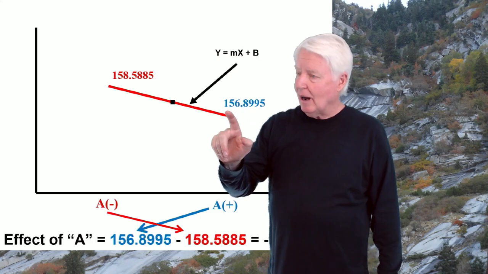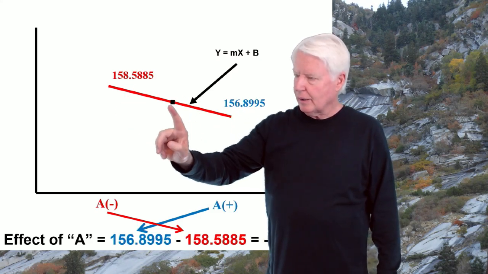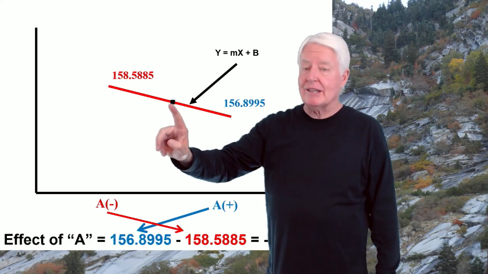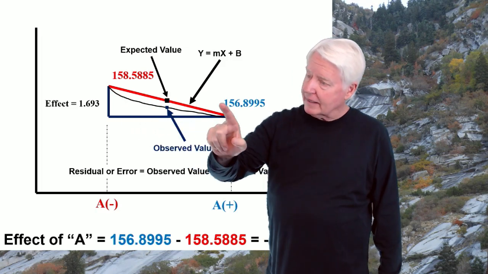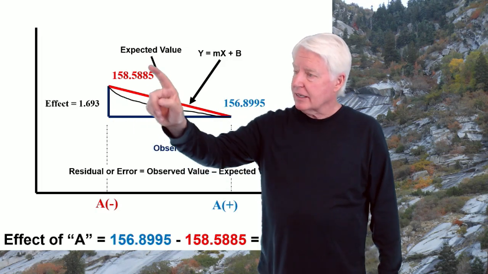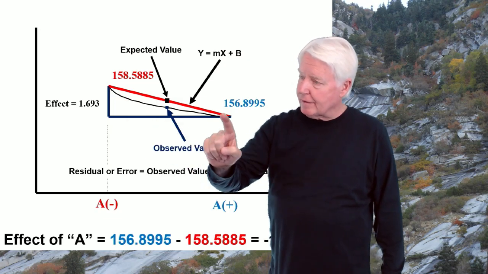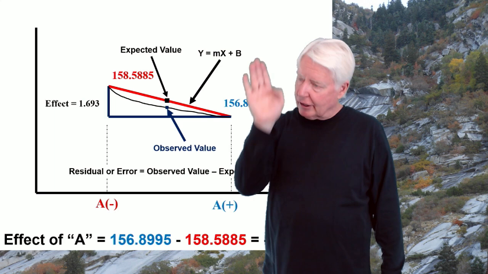You calculate this, which will be the average of these two, put it right here, and then you do a center point in your experiment, and it does not equal this, then you know it's not flat. It's not a flat line. This is the expected value if it was linear, but this is the observed value. Because it doesn't equal that, we know we have curvature.